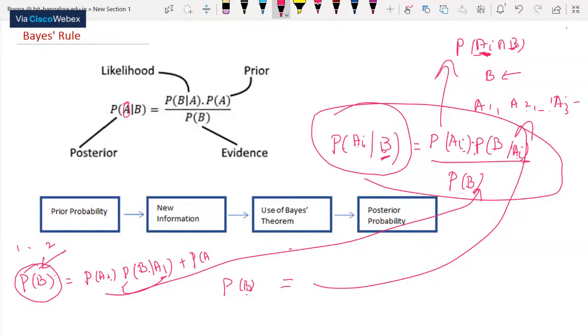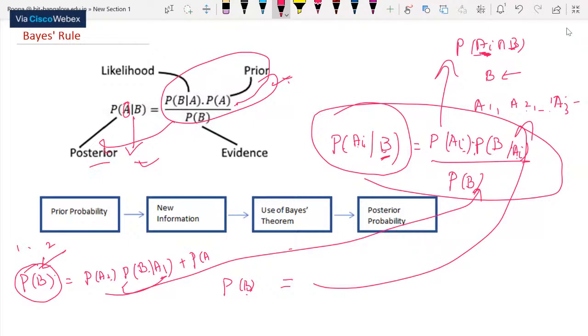See, Bayes rule gives rise to the posterior. Posterior means, you know, in phone payment there are 2 things: one is postpaid and another one is prepaid. Like that, the prior, we already know the probability. With the help of the known probability, we are finding the next probability. That is called the posterior.